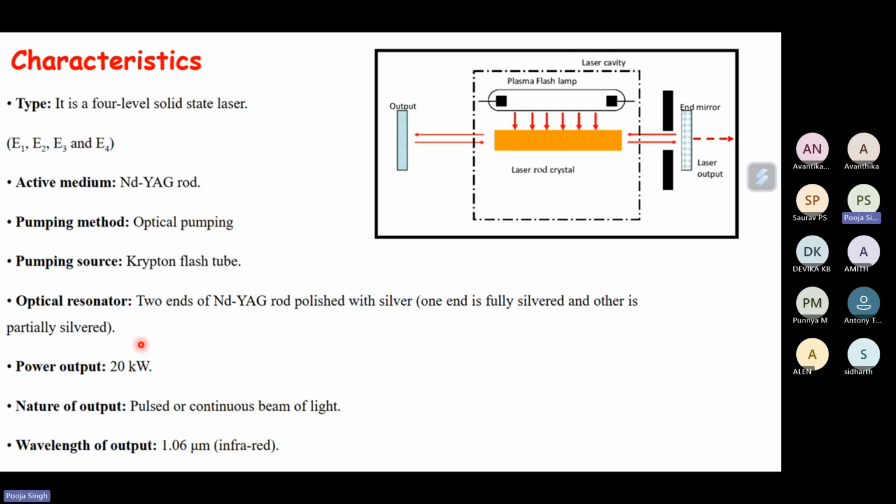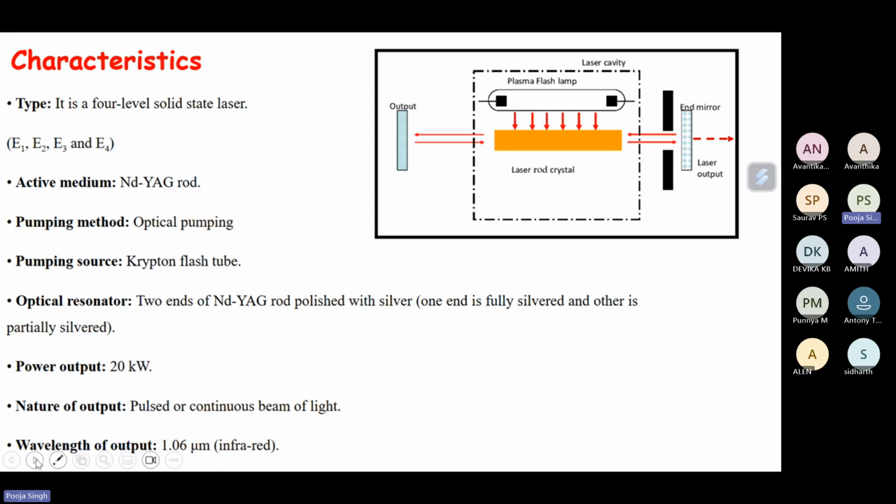And then the power output we are getting is 20 kilowatt. Okay, it is very high. And then what is the output, whether it is a continuous wave or a pulse? It depends upon what kind of light is emitting. Then the wavelength of the output is 1.06 micrometer, infrared.